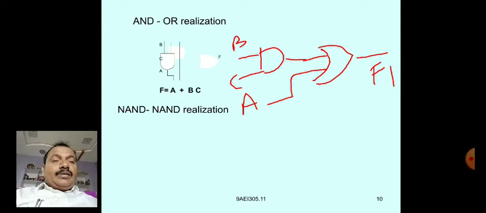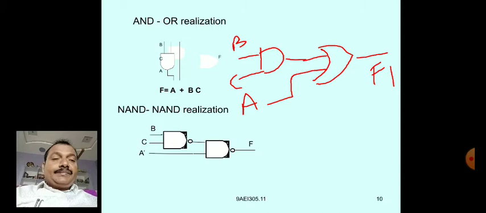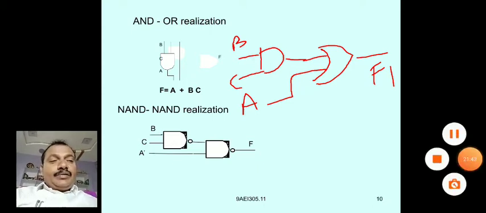For implementing with NAND gates only, what you have to do is double complement that F, and accordingly you have to implement like this, using NANDs only.